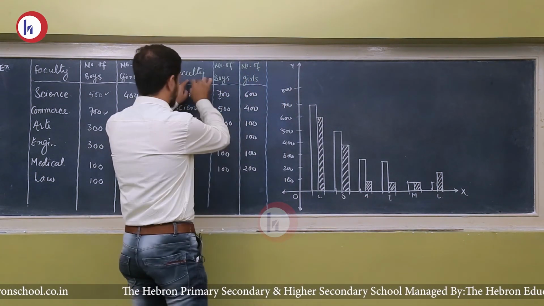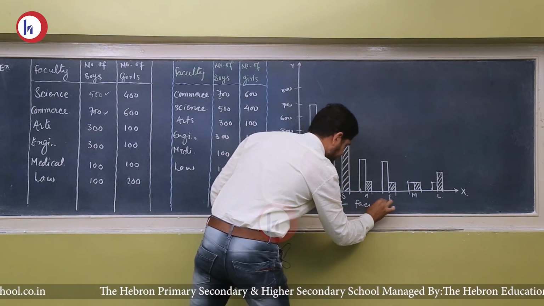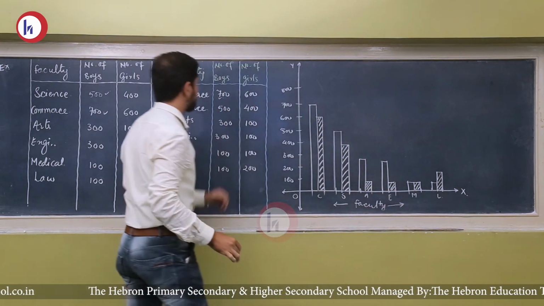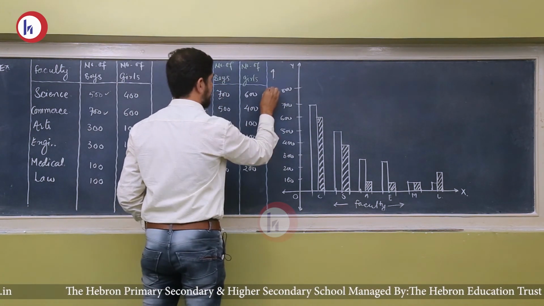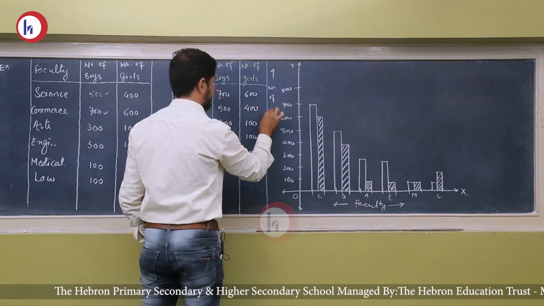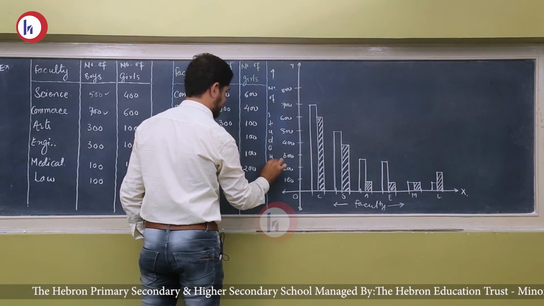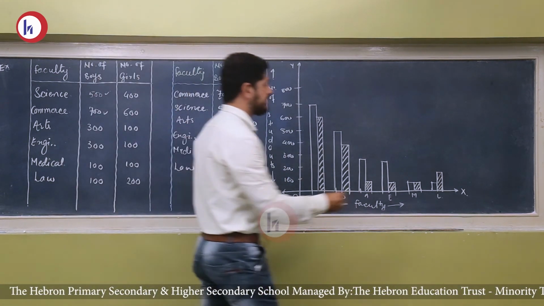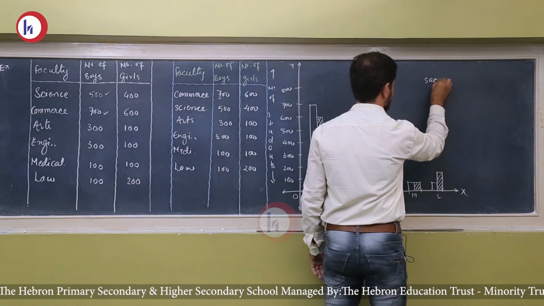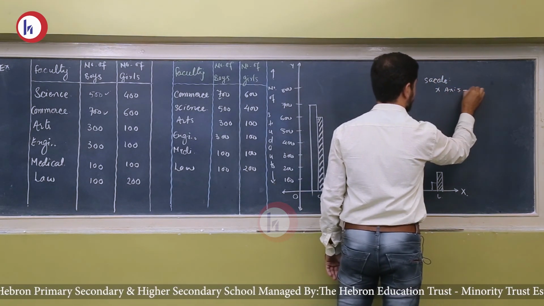Okay, so faculties on the x-axis and number of students on the y-axis. Finally, the scale: on the x-axis there are faculties.